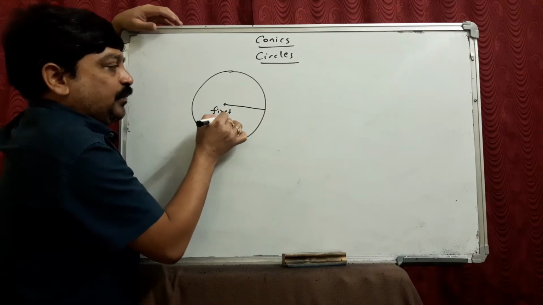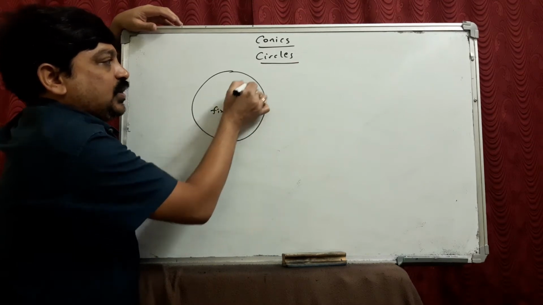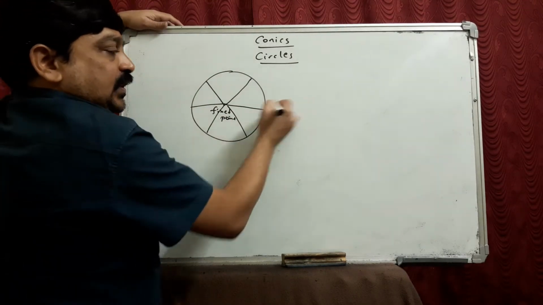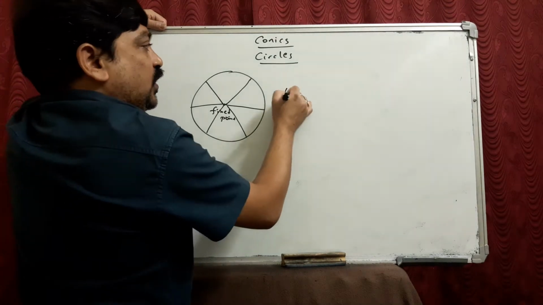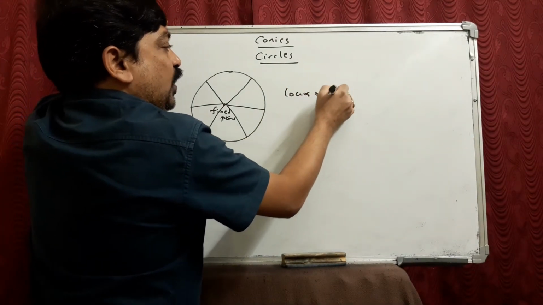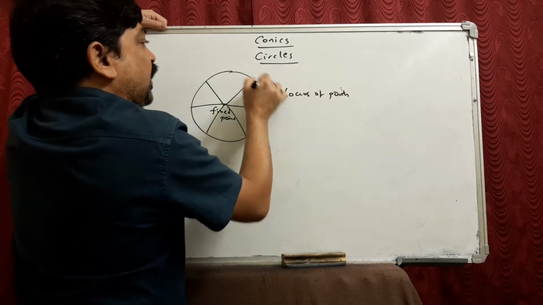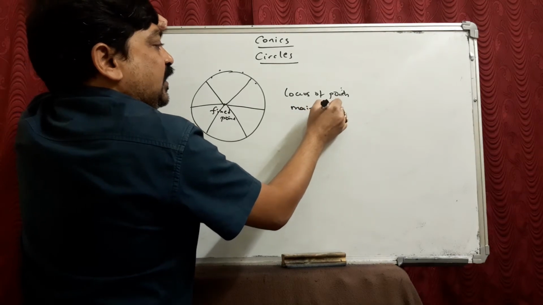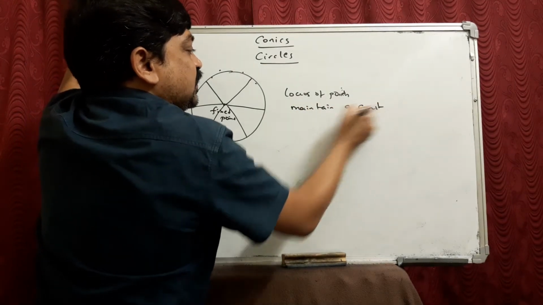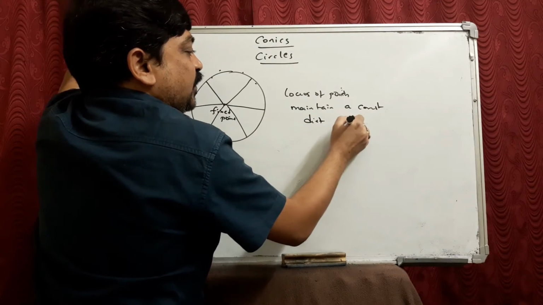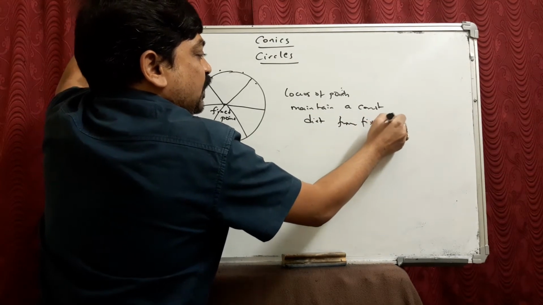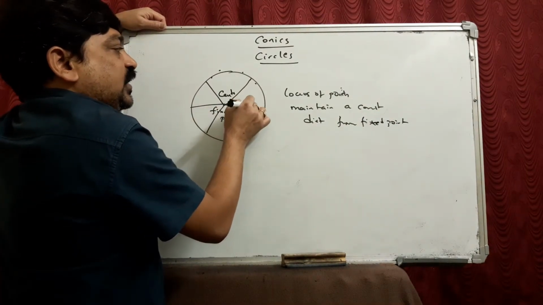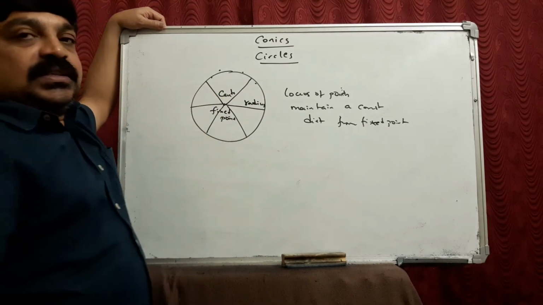This is a fixed point, and the points that maintain a constant distance from a fixed point form a circle. So this fixed point is called the center and the constant distance is called the radius of a circle.